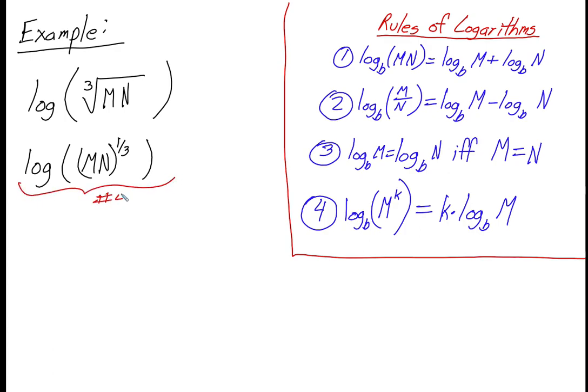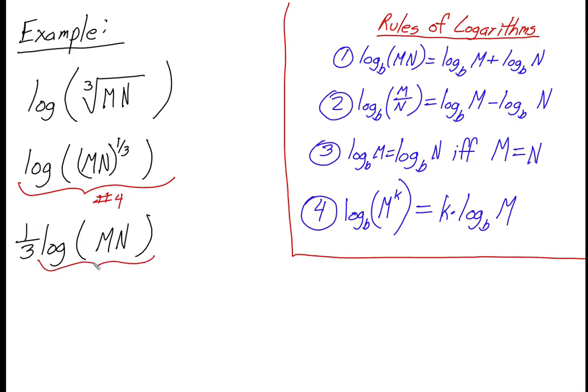Rule number 4 says if you've got an exponent inside there, it can come out front of the logarithm as a coefficient. And now it's not inside the logarithm anymore. And then we might say, hey, I've got two things multiplied together inside the logarithm. We can break that apart using rule number 1.